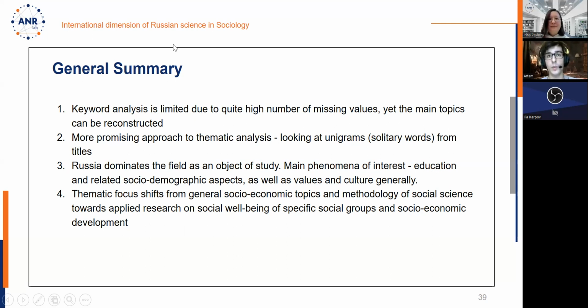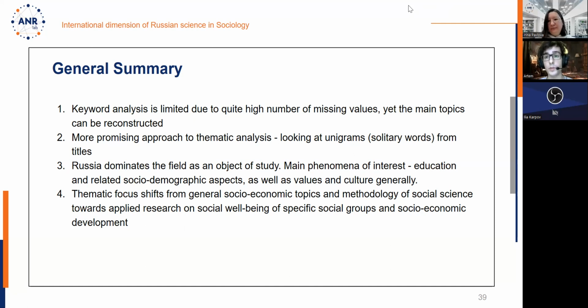But we suppose that the remaining keywords are quite useful in reconstructing the conceptual map in general. A more promising approach that we mix with keyword analysis is looking at unigrams or solitary words in titles, because titles are fully present in our sample.